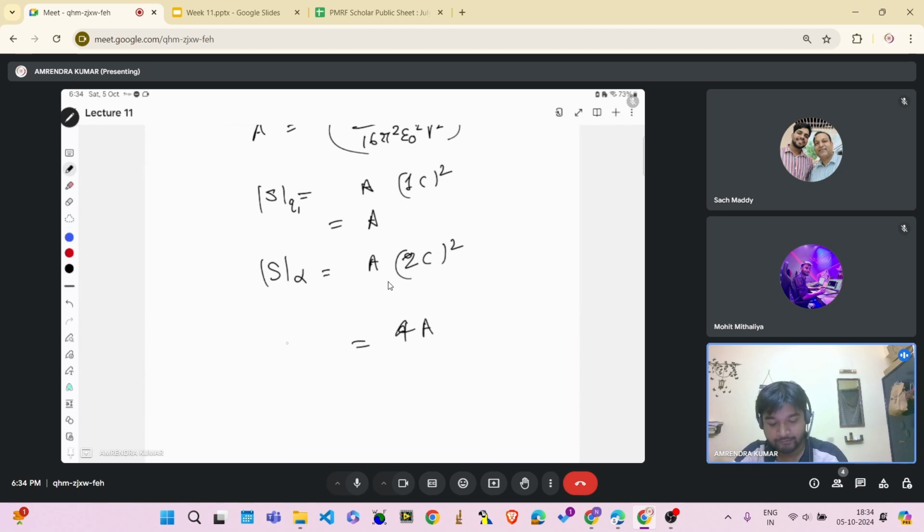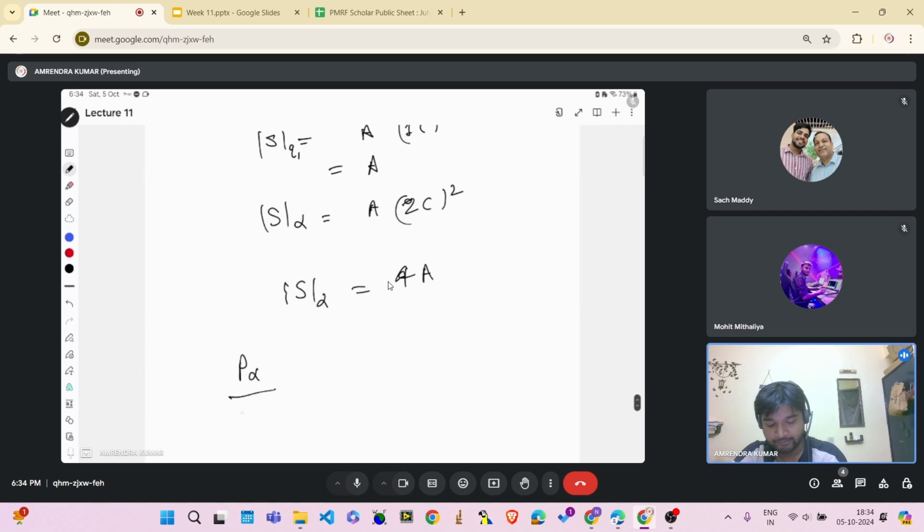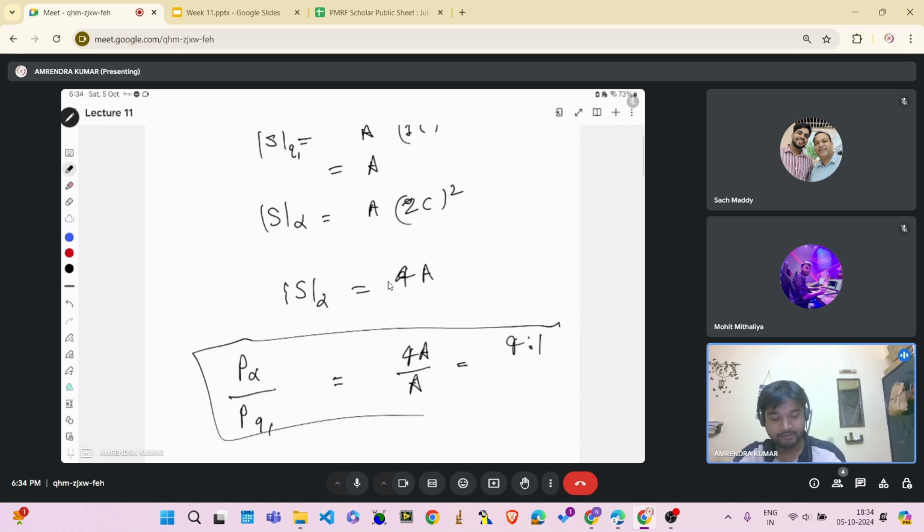So S alpha is this. So the power of alpha and the power of Q1 have a 4A over A, a 4 to 1 ratio. So the alpha particle will lose more power than the charged particle Q1.